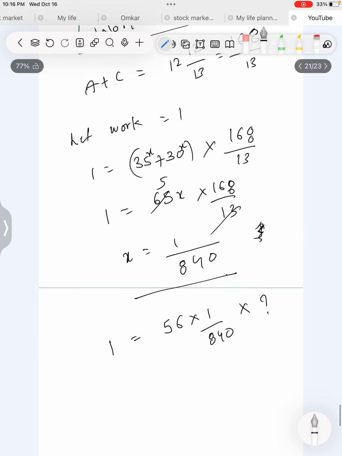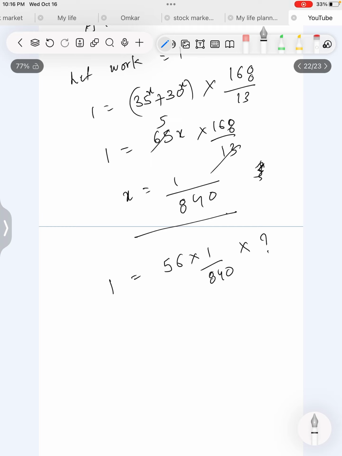We have to calculate the time. We can just do the division. Go with the small things only, don't get stressed out.